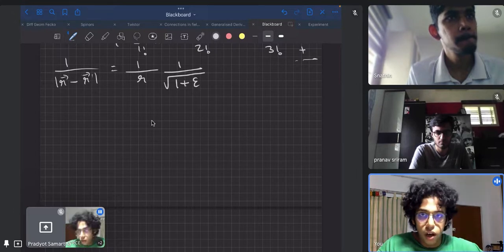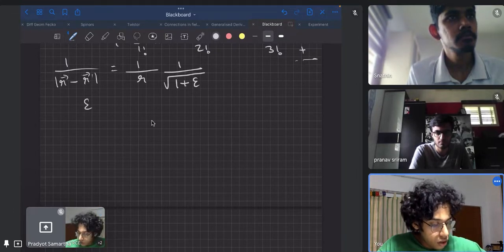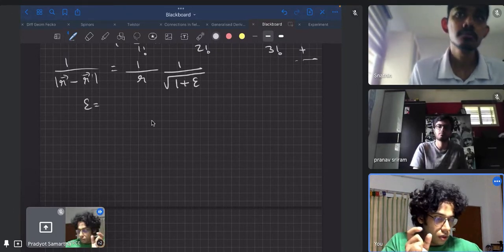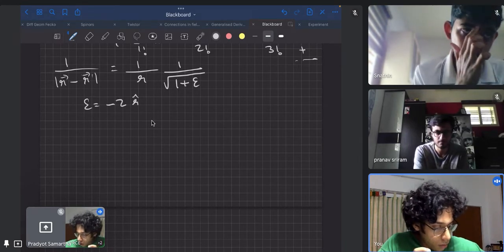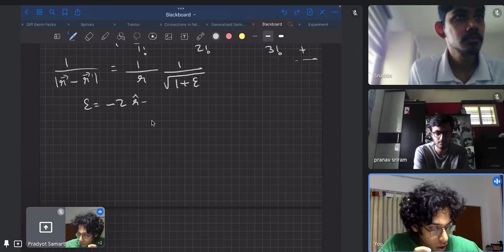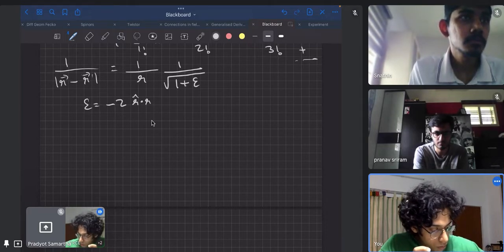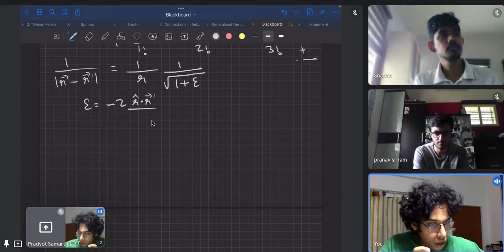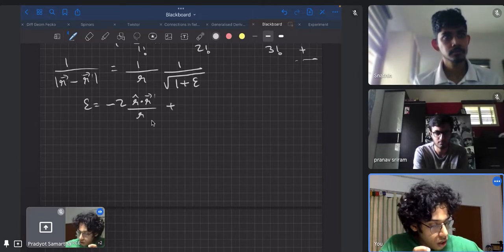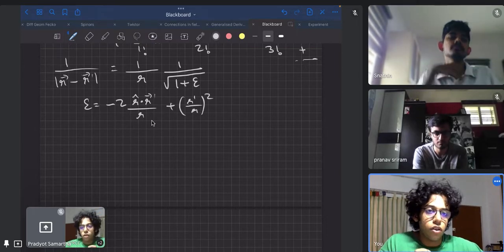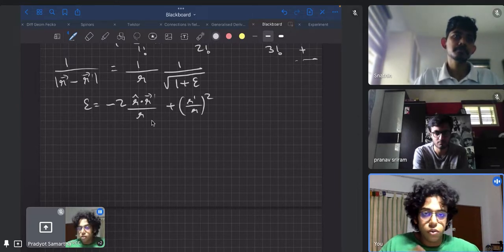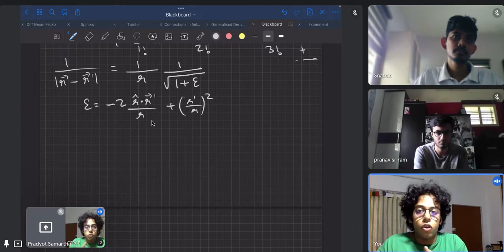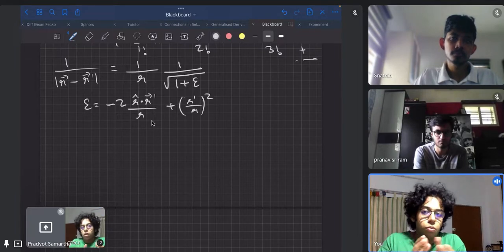Your epsilon is the small term, which is minus 2 r cap dot r prime by r plus r prime by r the whole square. Notice that even here, epsilon is a small value, smaller than 1.